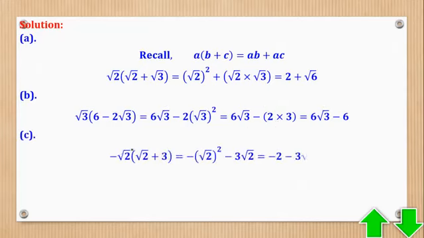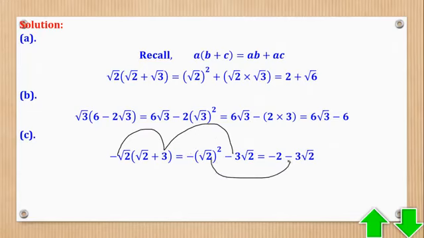Then part C still is negative, so negative root 2 times this. So you should be keen here. If you put this negative inside the bracket, then it is not okay, because it is negative root 2 times positive root 2. So negative times a positive, you get a negative. Then negative root 2 times this gives that.